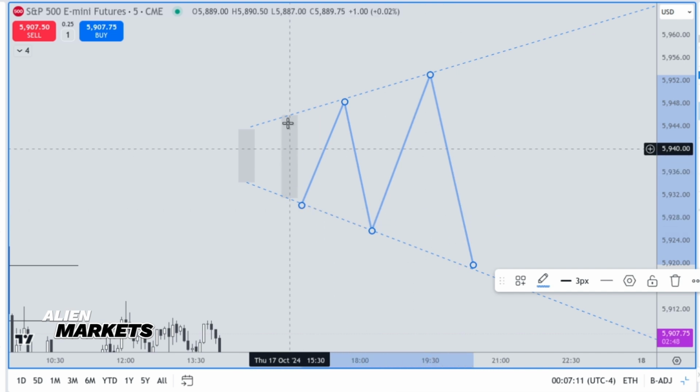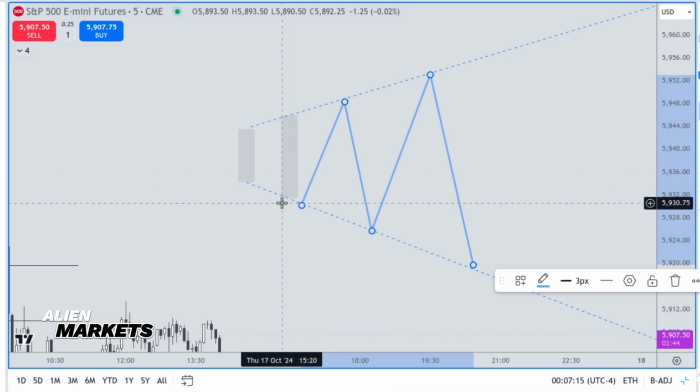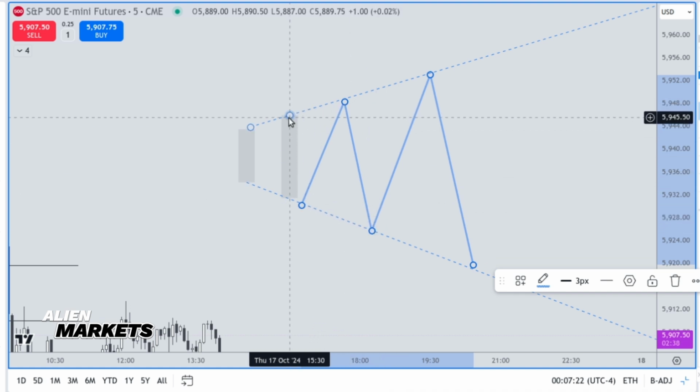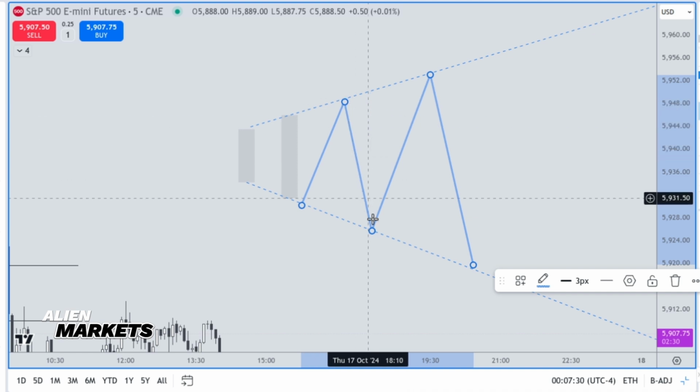But if you watch this ranging price, you can see that this range right here took both this range high and this range low, or candle's low or candle's high, right? So this is an outside bar of this.